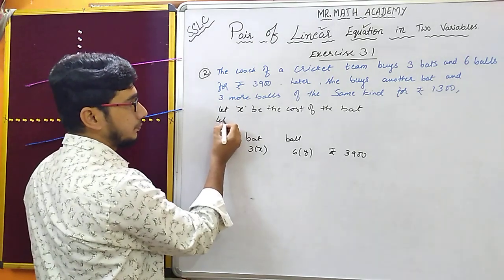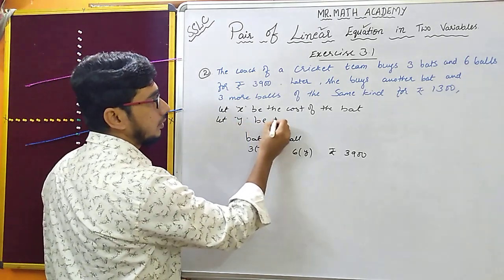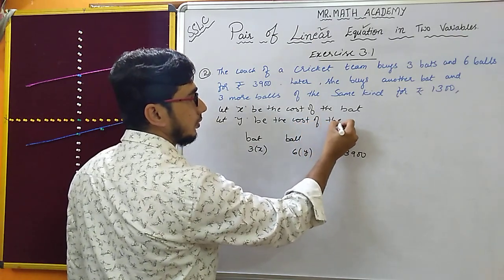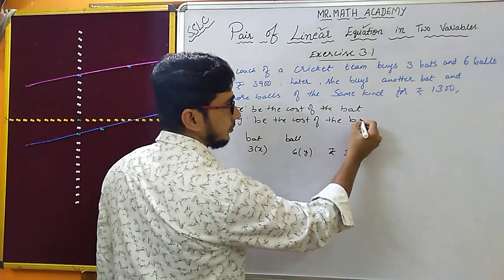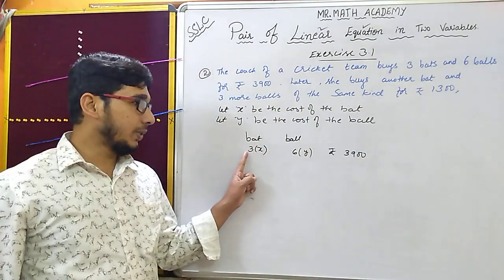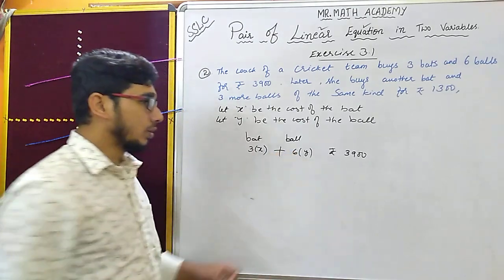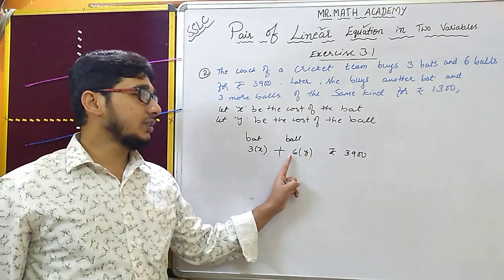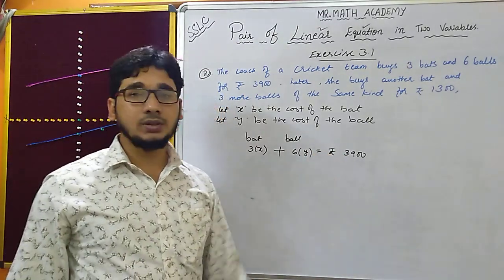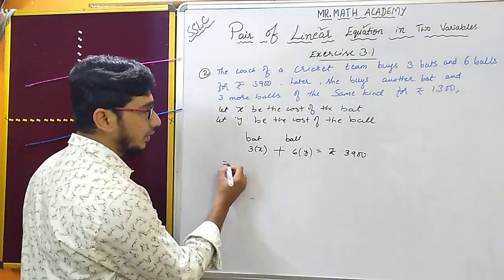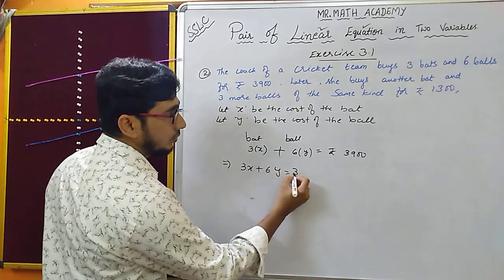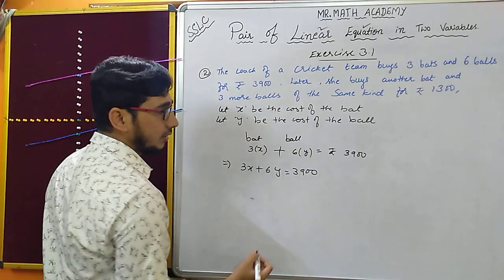So let y be the cost of the ball. Okay, cost of 3 bats plus cost of 6 balls is equal to rupees 3,900. So the equation becomes like this: 3x plus 6y is equal to 3,900. This is equation 1.